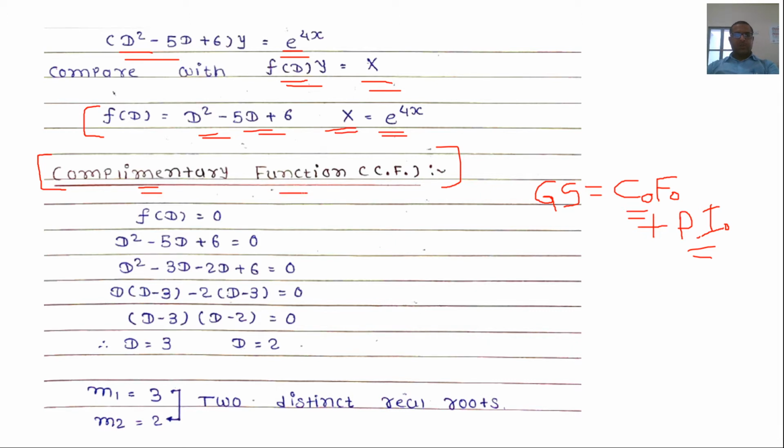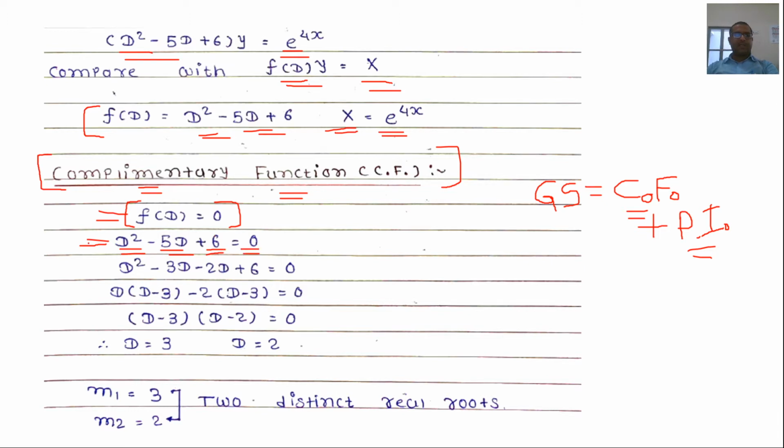You have to use the same theory that we discussed for the homogeneous linear differential equation with constant coefficients. To find the complementary function, first take f of D equal to 0. So we have f of D is equal to D square minus 5D plus 6 is equal to 0.